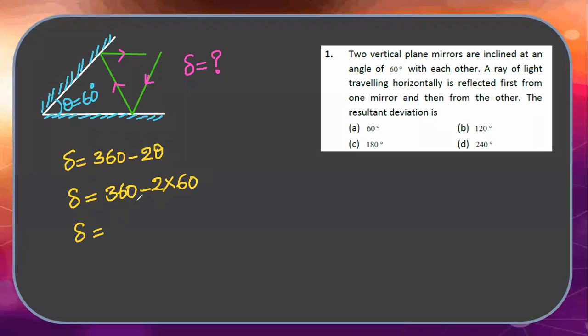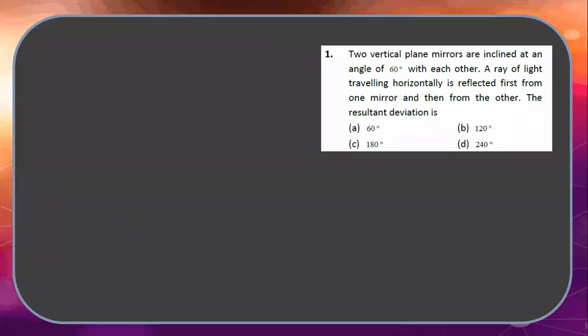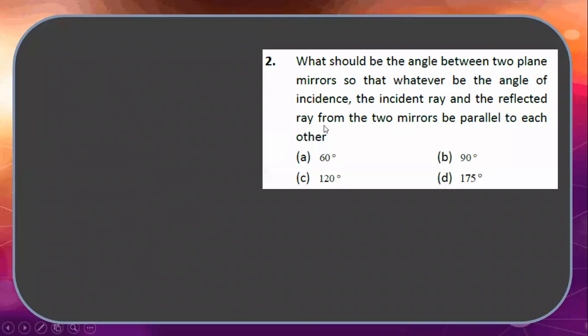So delta is equal to 360 minus 120, which is equal to 240 degrees. So delta is equal to 240 degrees. Fine. Next, I will show you that.